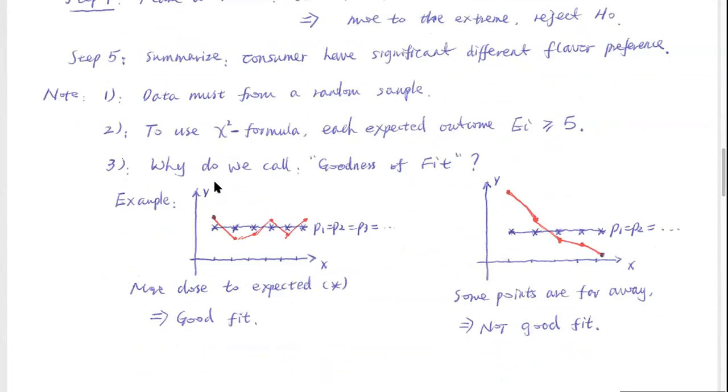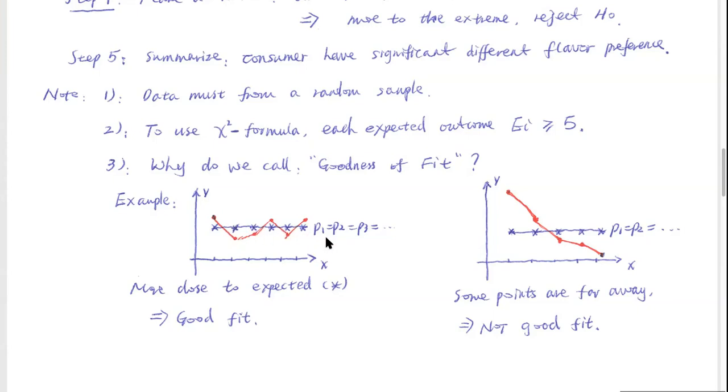Now, question here: why do we call this a goodness of fit test? How do we understand that? If you study the output, for example this table here, we have 5 groups, and we find out sometimes they're high, sometimes they're low, but most of the time it's a little bit above, a little bit below. So from a picture, you can say more or less they are equal.